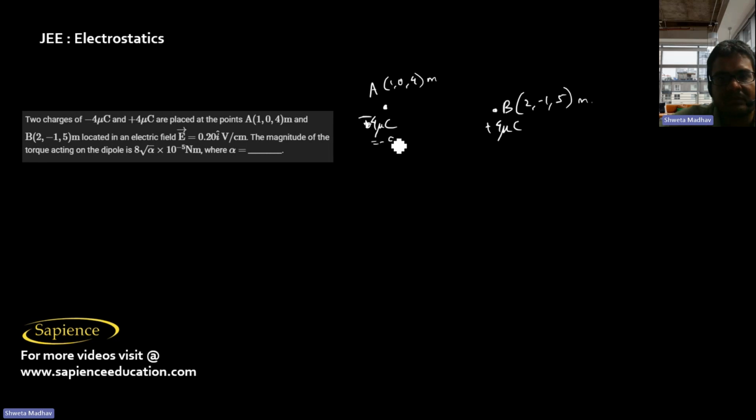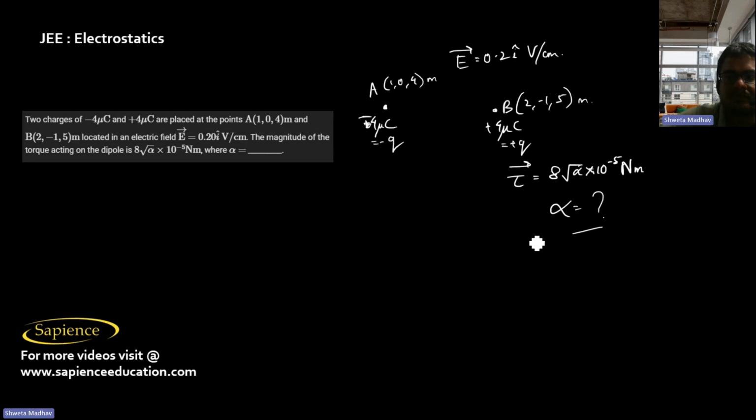Let's call this -q and this +q, located in an electric field which is 0.2 i cap volt per centimeter. The magnitude of the torque acting on the dipole is equal to 8 root alpha into 10 power -5 Newton meter. So what will the alpha value be? The magnitude of the torque has been given.